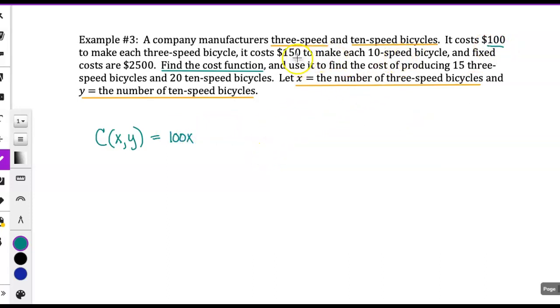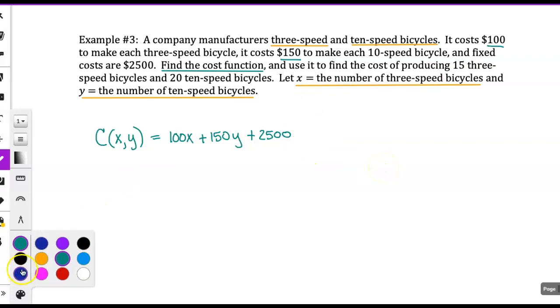And 10-speed bikes are 150, so that would be 150Y. And then it says that fixed costs are 2,500. So this is my cost equation in terms of both X and Y.